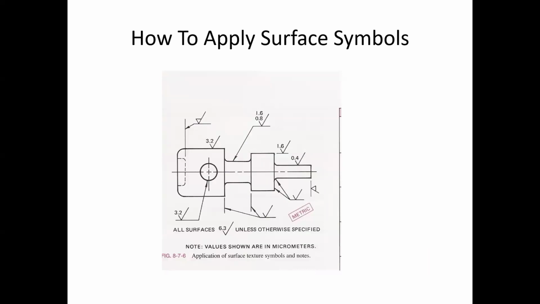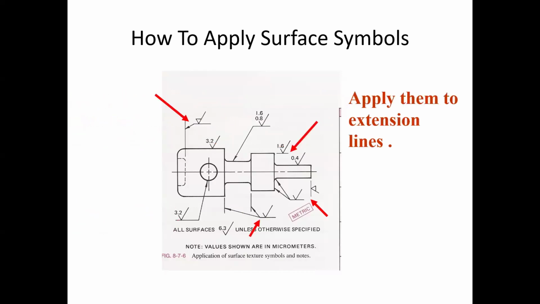So if you're looking at the view, you know what edges we have where. The preferred place is going to be to put them on extension lines. And usually you have dimensions already there. So you put those surface textures on the extensions that represent the surface that you're trying to control.